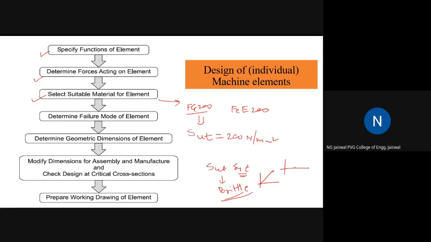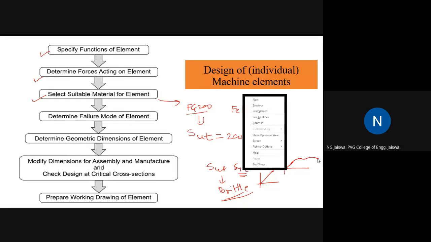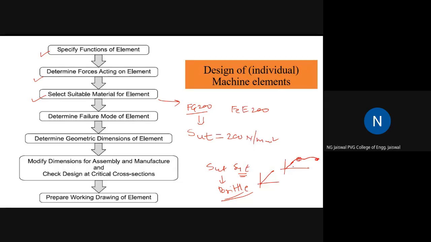Whereas in a ductile material, there can be something like this. Breakage is here, not here. This is an indication that if you load further, it will break. So this is the yield point. So ductile material has the existence of a yield point, SYT, whereas brittle material has only SUT.